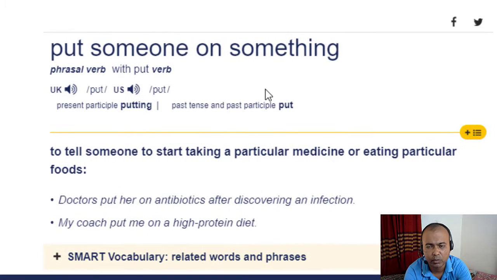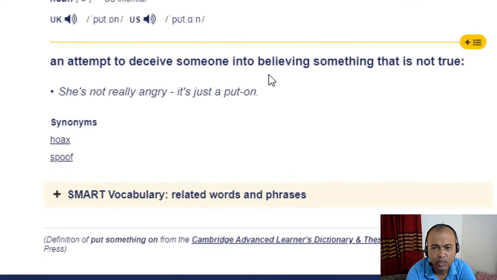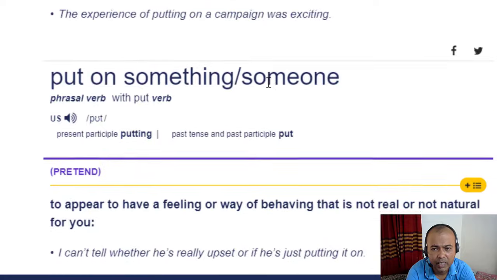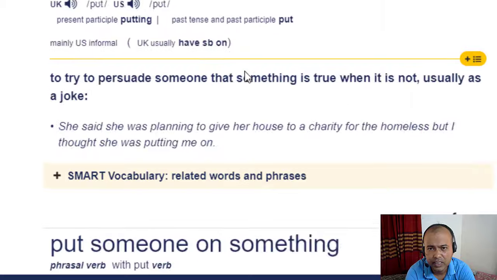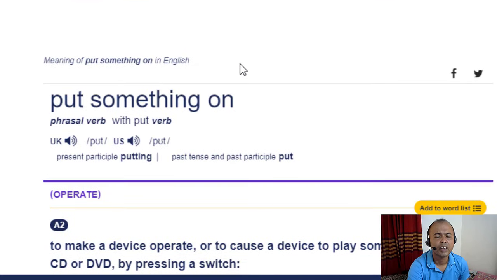If you go down, you would get every meaning of these phrasal verbs. So this is the finest thing. Any word, even any phrasal verb, if you put it here, you can easily get the meaning of this phrasal verb or word.